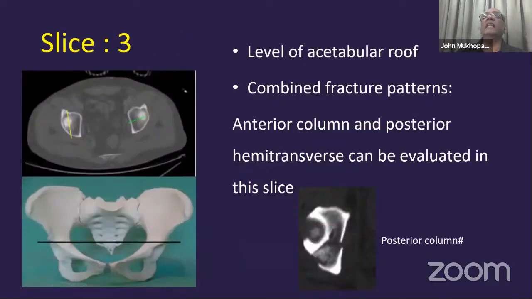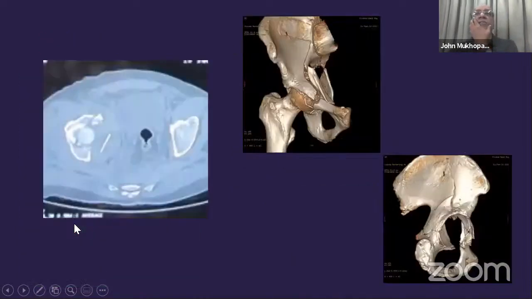The third slice is at the level of the acetabular roof. And this is the best area to decide whether the fracture is a transverse fracture, where you'll have a line that is vertical, or a column fracture where the line is transverse. Okay, and it will also help you decide on anterior column and posterior hemitransverse fractures, where the anterior column is involved and you have a hemitransverse fracture.